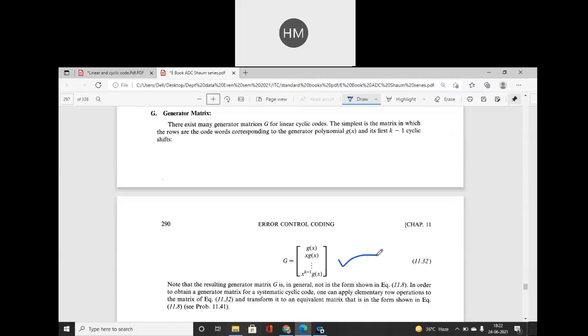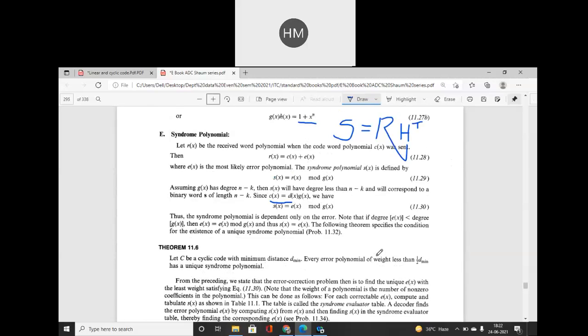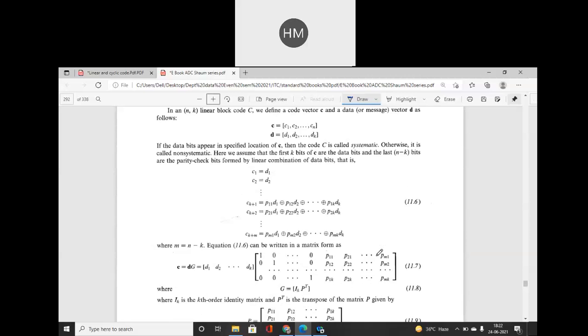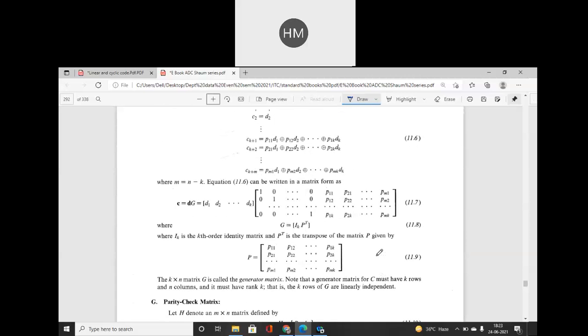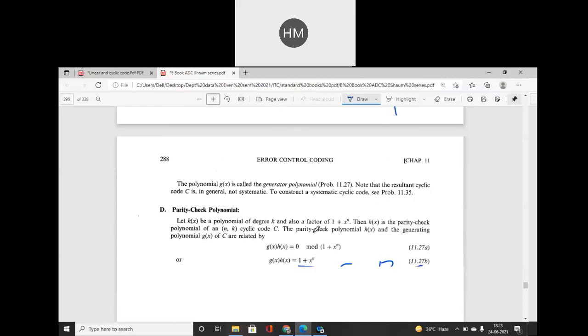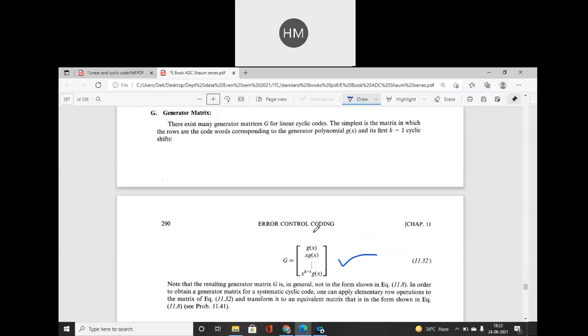Okay, note that the resulting generator matrix G is in general not in the form shown in equation 11.8. You can see equation 11.8, जो हमने डिफाइन किया था जनरेटर मैट्रिक्स के लिए, that is this. ये सबको पता है, G का equation I(k) into P transpose. ठीक है, this was the equation, all of you remember. But now this is not the same.